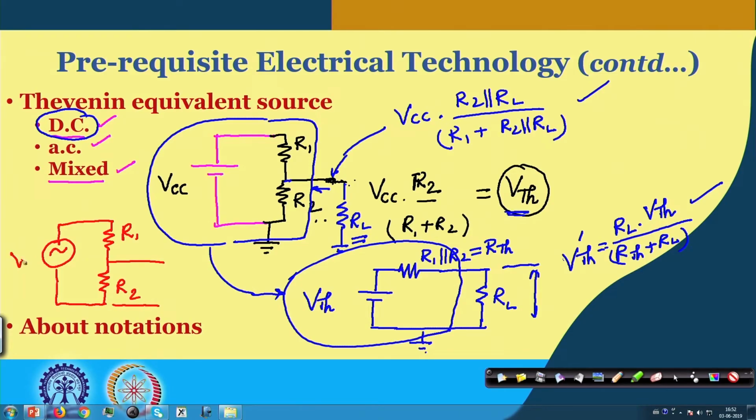So, let me call this signal voltage V s. The signal coming across this R 2, if you analyze this circuit, you will find is V s multiplied by R 2 divided by R 1 plus R 2.